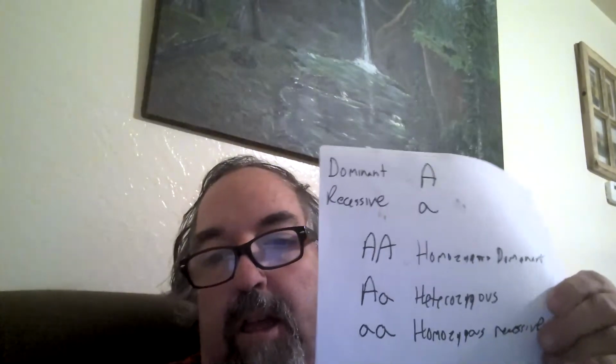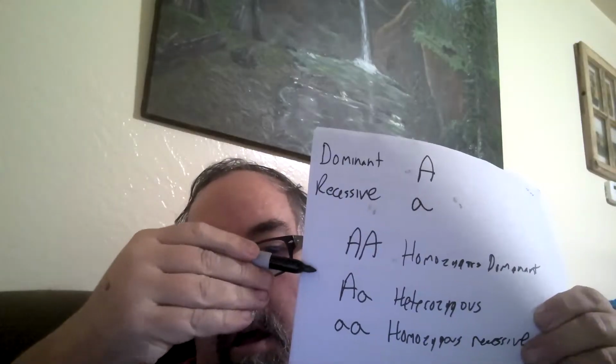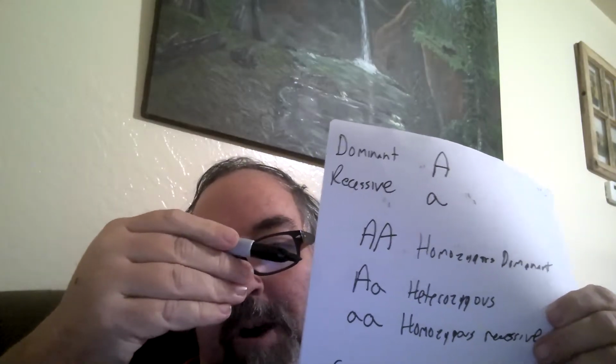Or is it incompletely dominant, where the heterozygous, remember heterozygous is the big letter, little letter, has an in-between trait? So in incomplete dominance, the heterozygous is in between. So let me use cows as an example.